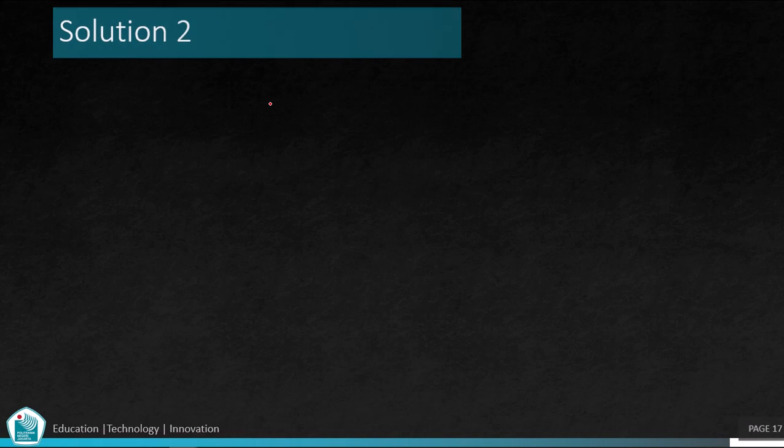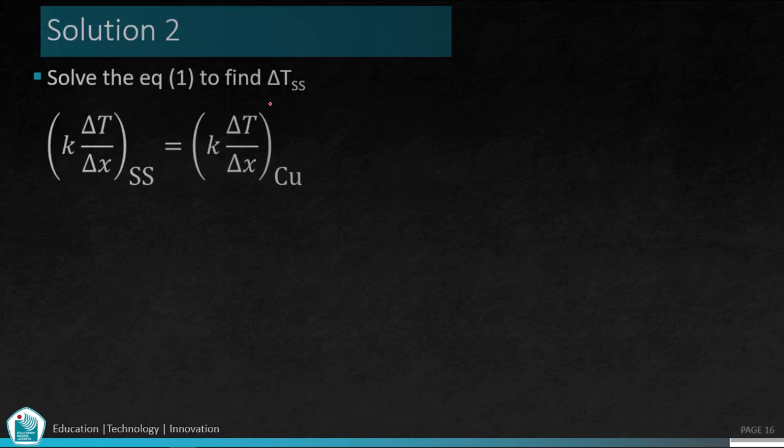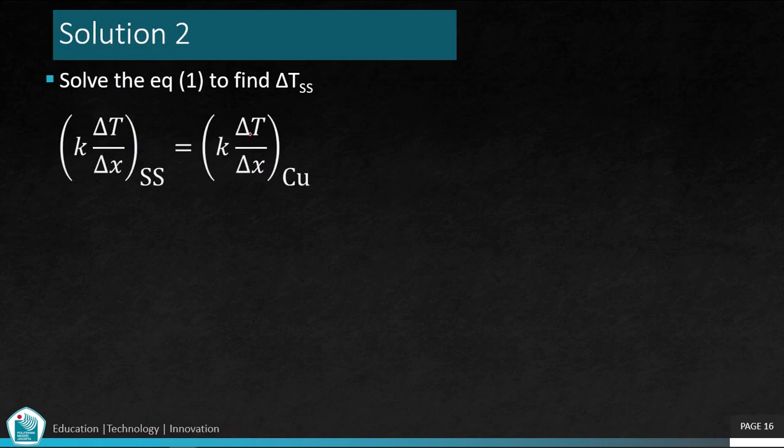Okay. How to solve it? First, we want to know the delta T stainless steel. It means this one remains at the left hand side.